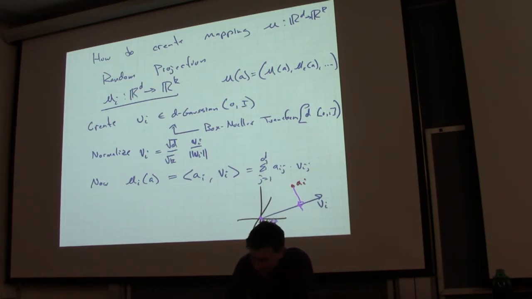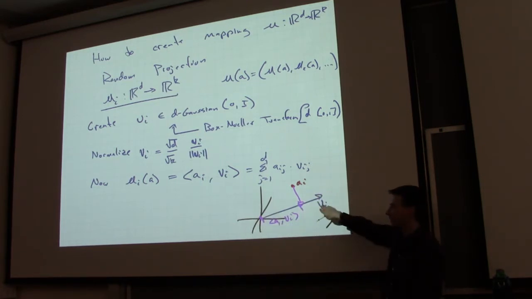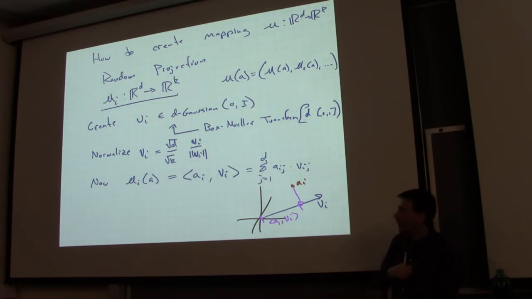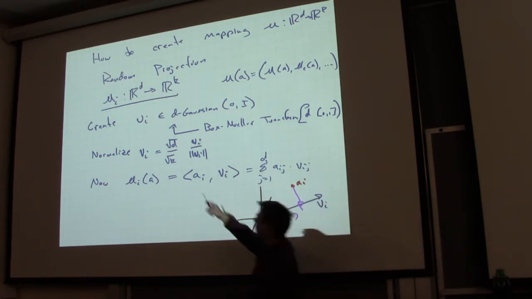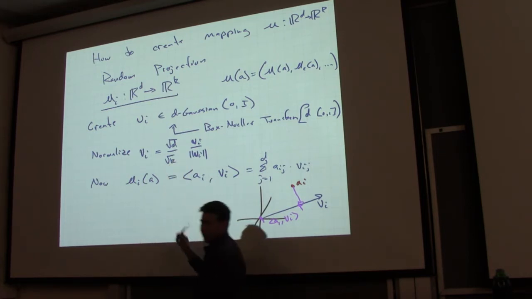This inner product is this distance if it's a unit vector. I've scaled it up by square root d over square root k. d was the old dimension, k is the new one, which is hopefully a lot smaller. So I've increased the norm of it a lot.